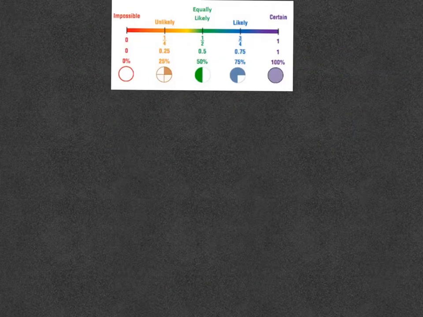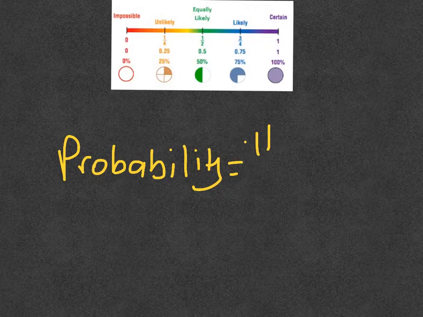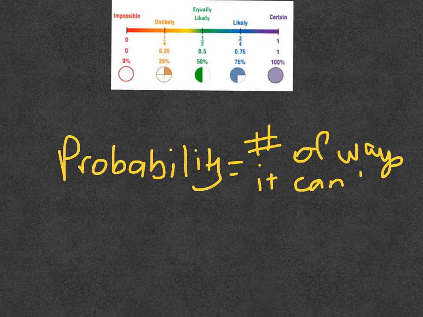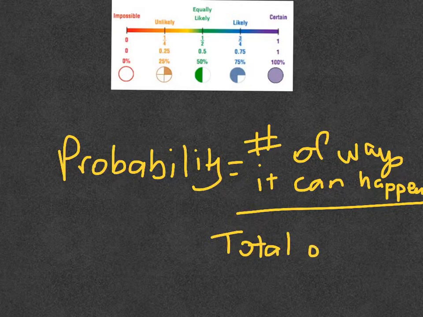So, in order to calculate our probability, we do have an equation that we always use. So here we go, probability equals the number of ways it can happen over the total number of outcomes.